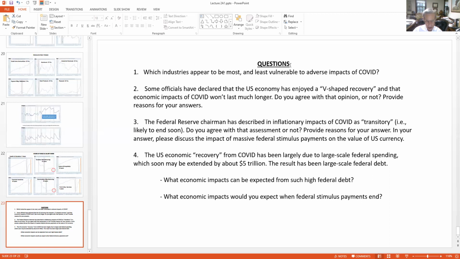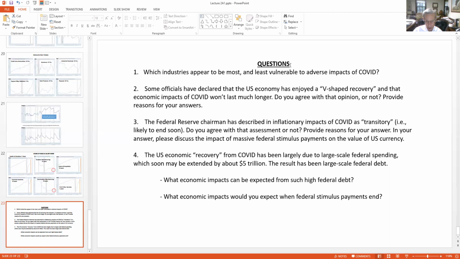And finally, the US economic recovery seems to be largely due to large-scale federal spending. The US has done much better than other countries because it has spent a lot more in the way of these stimulus payments.